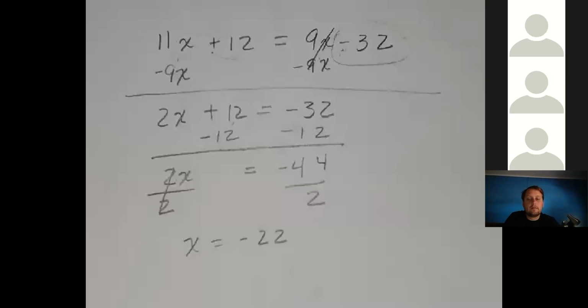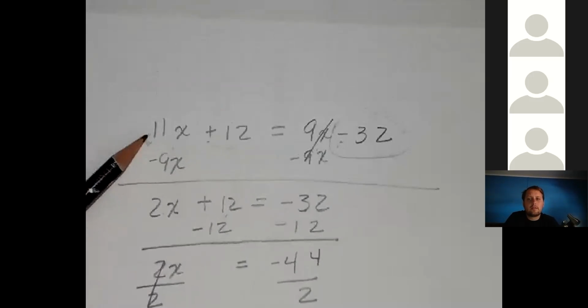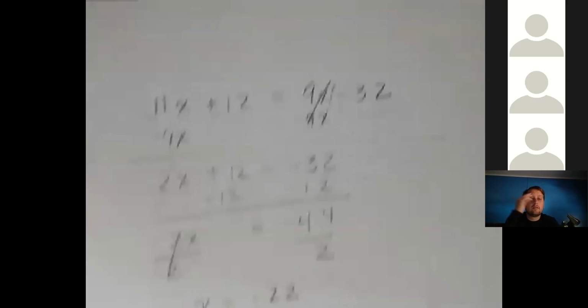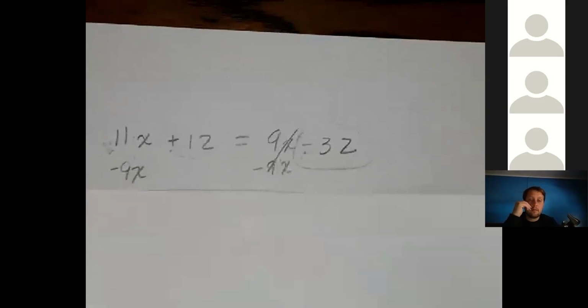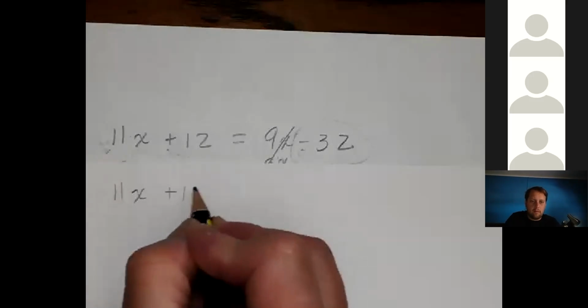And with this problem, there are many different ways that you could work it, and they're not wrong. Let me show you a different way to do this. It's just as good.